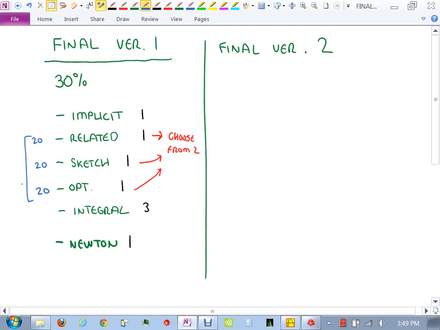I give you an equation that has x's and y's mixed up, and I say find the equation of the tangent line at this point. So you have to find the derivative, figure out the slope at that point, and plug it all back in. Implicit doesn't just mean find y prime.